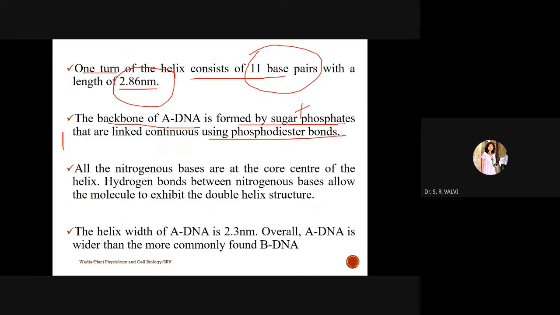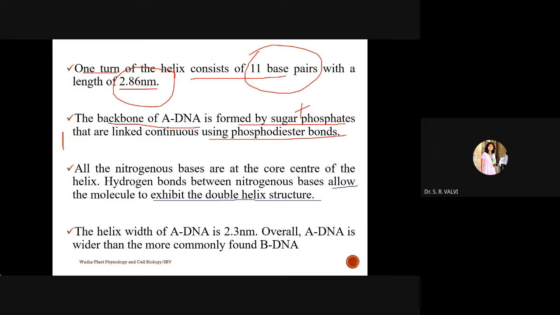Now see the next: all the nitrogenous bases are at the center, the core of the helix. Hydrogen bonds between nitrogenous bases allow the molecule to exhibit the double helix structure. Because of these hydrogen bonds, the nitrogenous bases as well as the strands of the DNA hold together, and because of this they can express their helical structure.